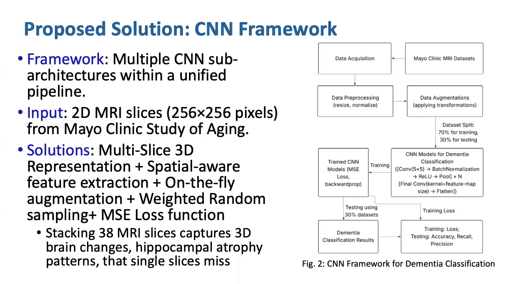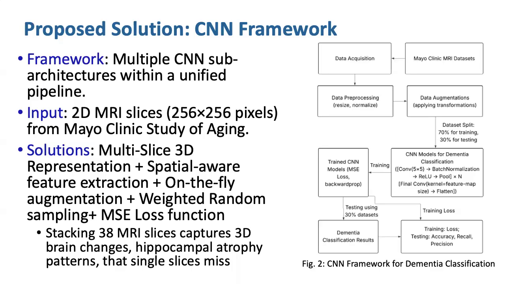As we use CNN networks, we know that a CNN can learn hierarchical features, starting from the initial layers capturing the local features, and then later layers capture the global features of the biomarkers for dementia prediction.